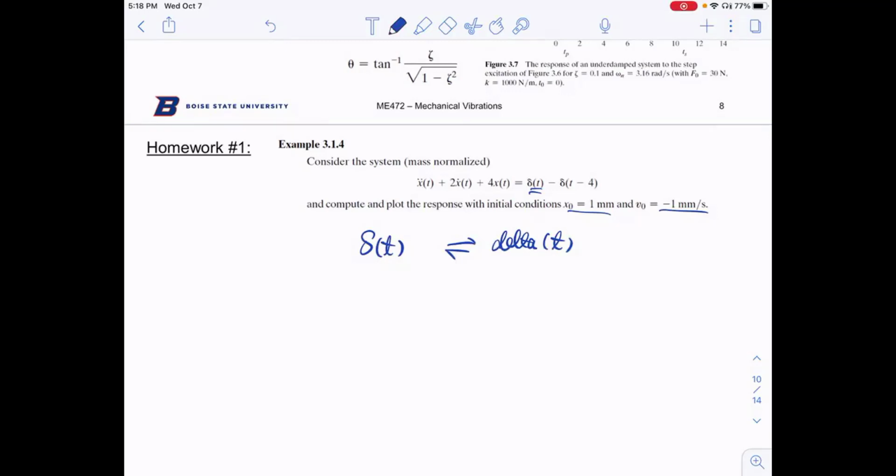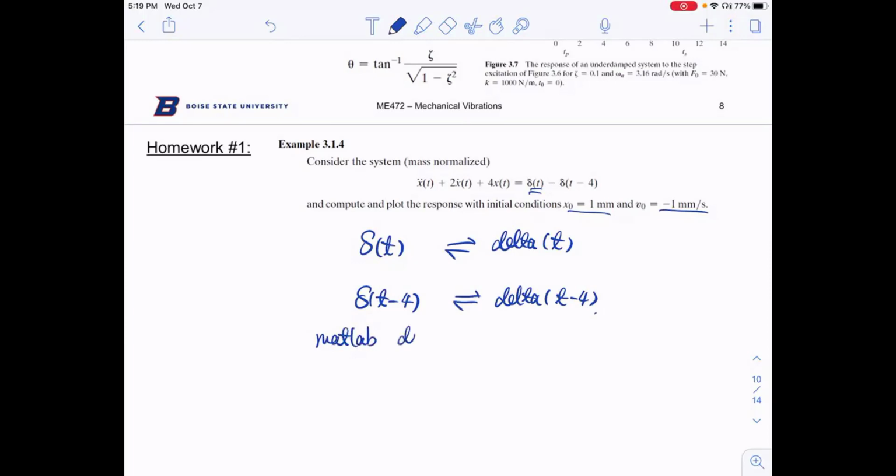Okay, cool. I actually have MATLAB code for homework 1, but it's really confusing. I think MATLAB did something weird for delta t. So when you have a time delay, for example, then you're using delta t minus 4.